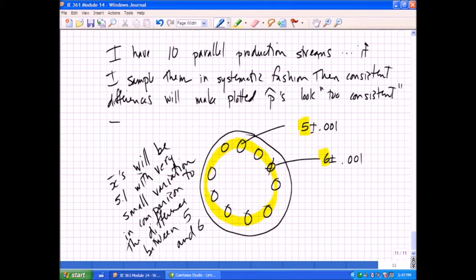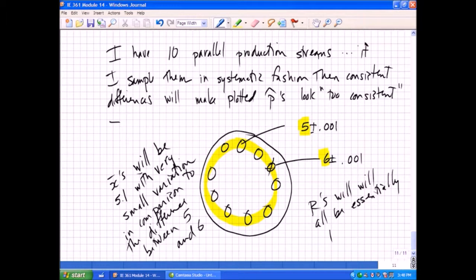If I was thinking about making range charts, the ranges will all be essentially 1, the difference between a 5 and that large value 6.